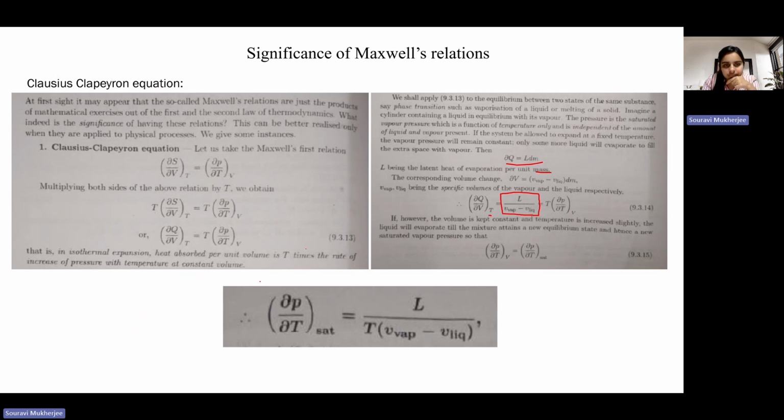Now how do we use the Maxwell's relations here? If we look back at the first Maxwell's relation, what does it tell us? It tells us del S del V at constant temperature is equal to del P del T at constant volume. So if you multiply both sides by T, you would get an expression which relates that in isothermal expansion, the heat absorbed per unit volume, which is the term on the left hand side, is equal to the rate of change of pressure with temperature at constant volume, multiplied by the temperature.